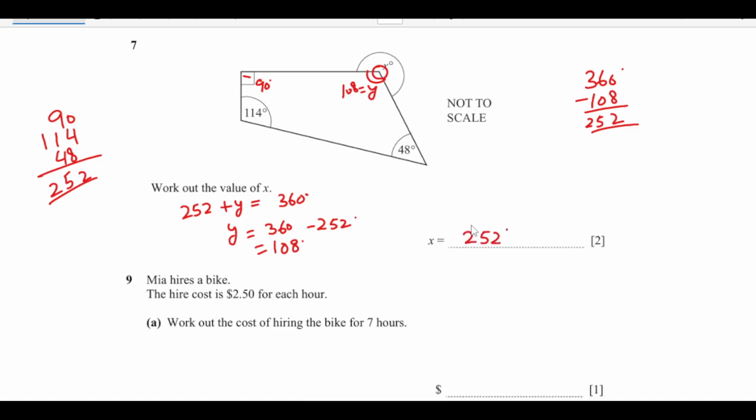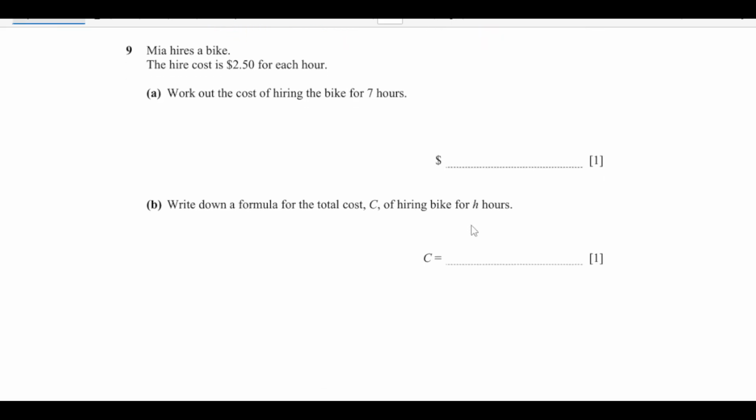Okay. Now next question, let's see what we have. Mia hires a bike. The hire cost is 2.50 for each hour. Work out the cost of hiring the bike for 7 hours. So 2.50 is the cost of 1 hour, times 7.